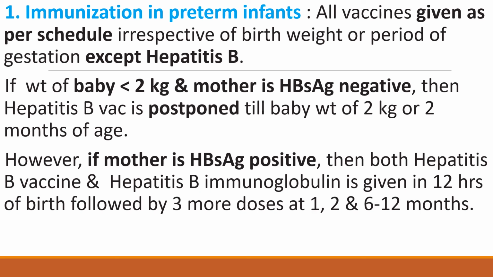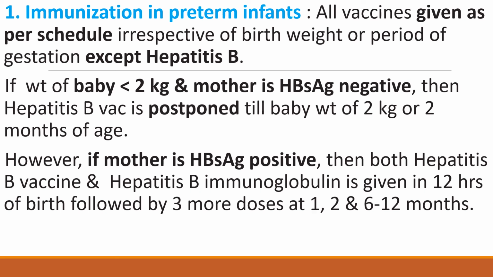So if baby is less than 2 kilograms and mother is hepatitis B surface antigen negative, it is postponed till he becomes 2 kilograms. However, if mother is hepatitis B surface antigen positive, then both hepatitis B vaccine and hepatitis B immunoglobulin are given within 12 hours of birth, followed by 3 more doses at 1 and 6 months.